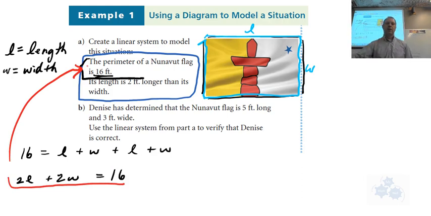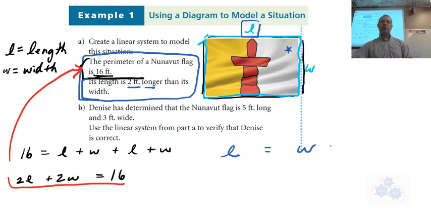All right. Okay, so the second part, let's do the second part in blue. Its length is 2 feet longer than its width. Which one's bigger? The length is bigger. So if I'm going to make my second equation, and I'm going to equate length and width, the length is longer. So I have to add 2 to the smaller one, or I have to subtract 2 from the larger one in order to make them equal.